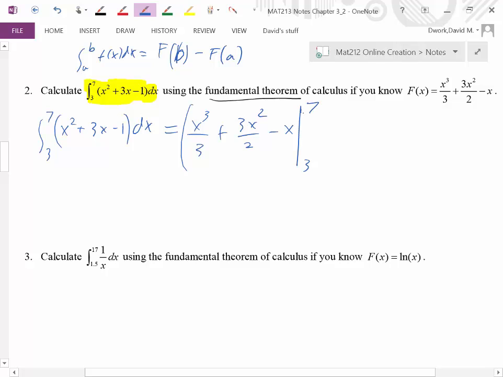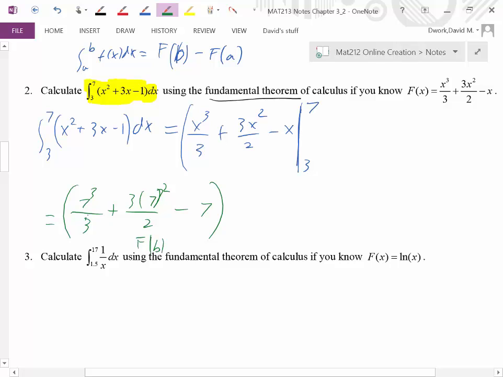So you can see what we're saying here is I need to substitute in all of my values for my x's, where 7 is my end, and 3 is my start. Okay, so let's do that. Let's plug it in. So here we go. It's going to be 7 cubed over 3 plus 3 times 7 squared divided by 2 minus 7. Now note, this would be my F of b.